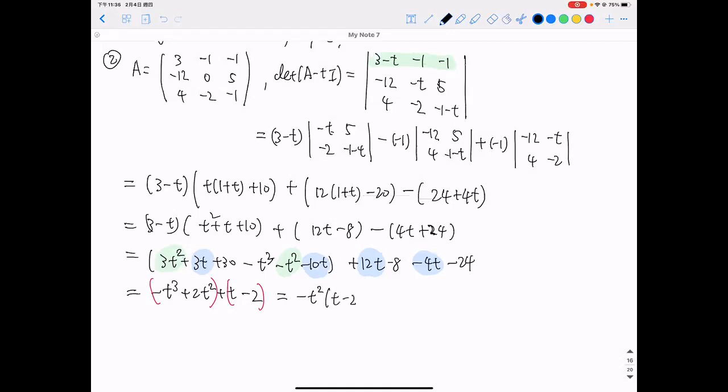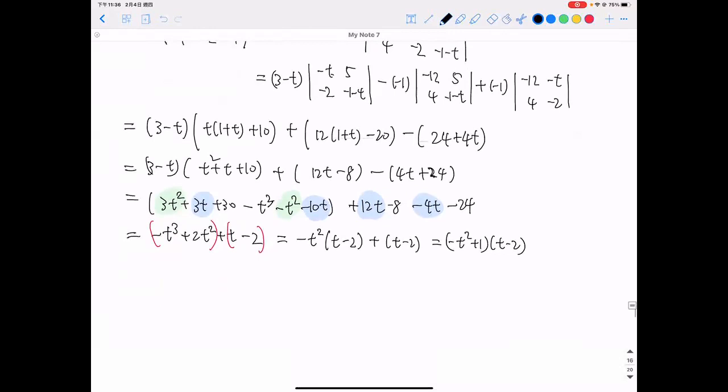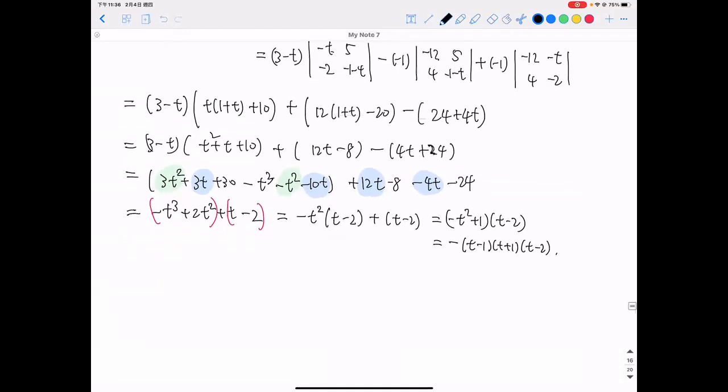Then for the first two terms, you get minus t squared times t minus 2. The second term is still t minus 2. So this is minus t squared plus 1, times t minus 2. So that is overall minus t minus 1, t plus 1, and t minus 2. So, okay, now we can read off the roots, hence the eigenvalues.